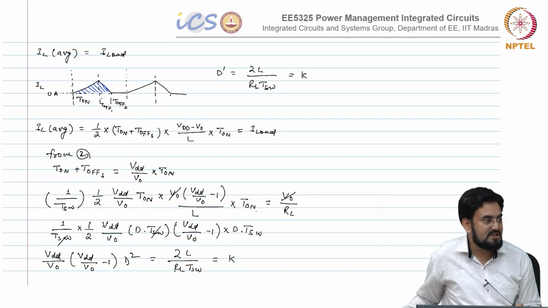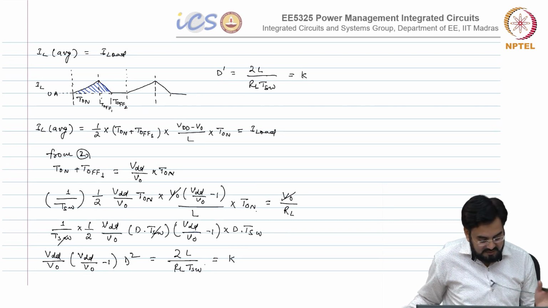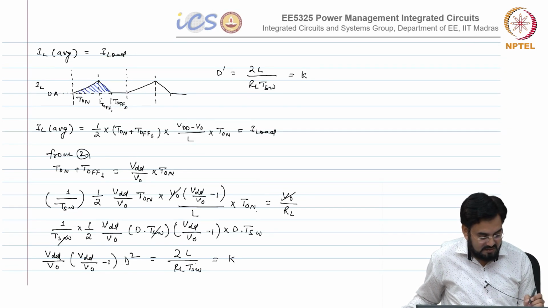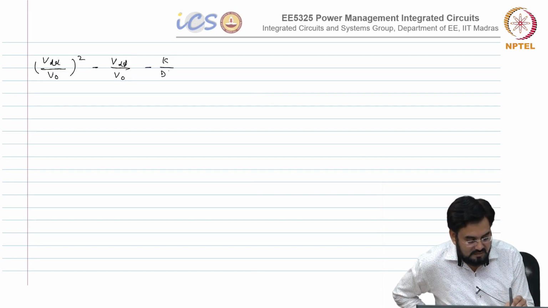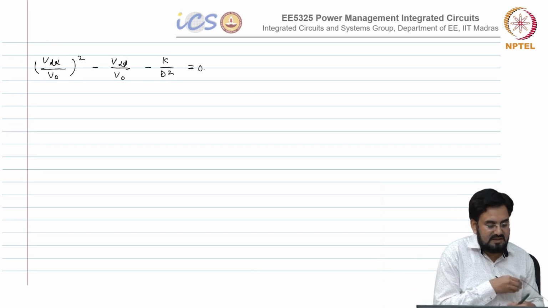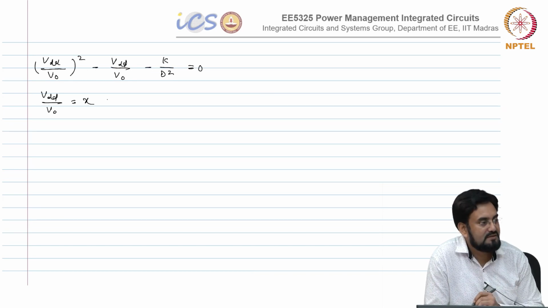So I will move this D square in the denominator on the right hand side and shift everything to the left hand side. So it will become K over D square equal to 0. So it is nothing but VDD over V_out equal to x.